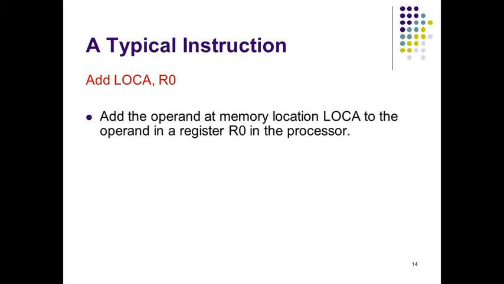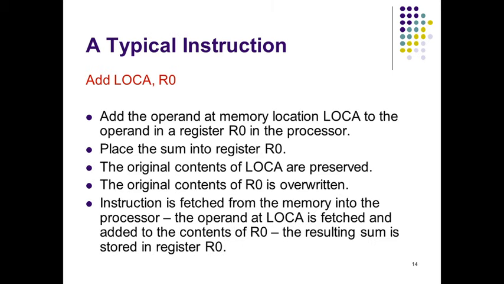Now consider a typical instruction, Add LOCA, R0. This instruction adds the operand at memory location LOCA to the operand in a register in the processor, R0, and places the sum into the register R0.